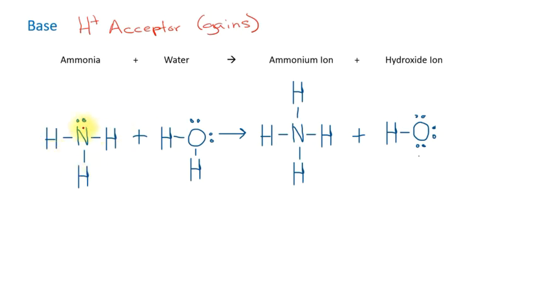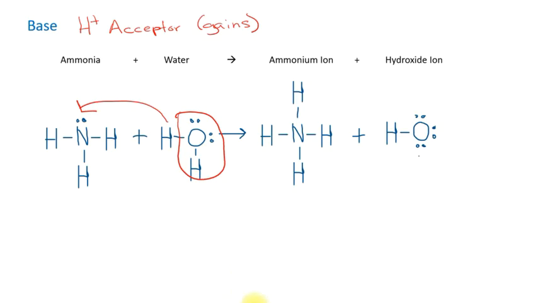So this is ammonia right here, but instead of donating this way, it gains hydrogen from water. And what is released after that happens is this HO left over from the water. That is what is released.